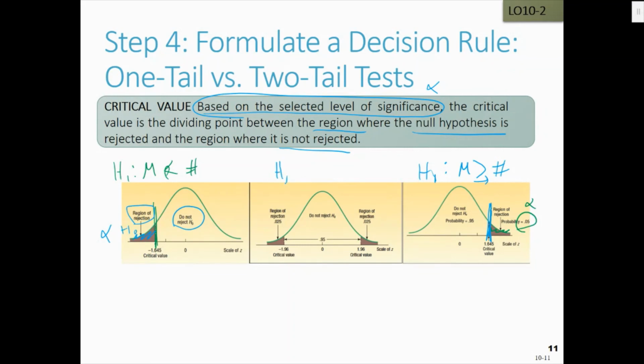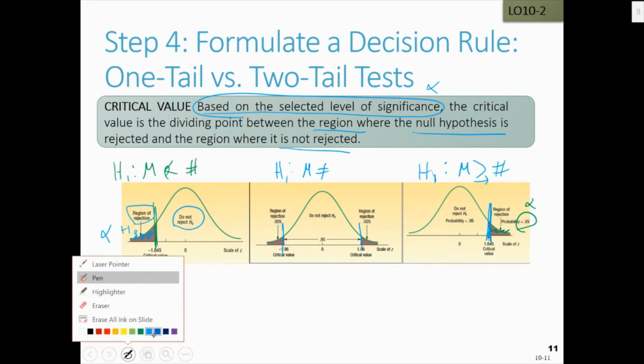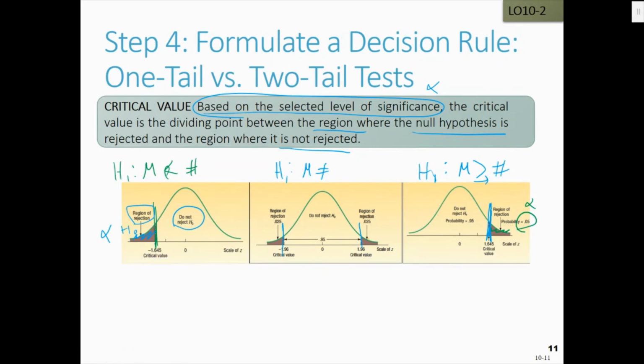If your alternate hypothesis is testing for equal and not equal to something, then you have two tails. And in these two tails, the size of the tail is going to be equal to the alpha divided by 2 because you have two tails. Okay, and that critical value will separate your do not reject zone from the rejection zone, and you will have two rejection zones of H0.